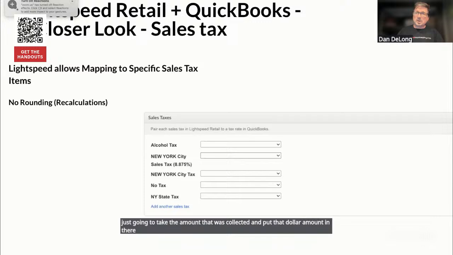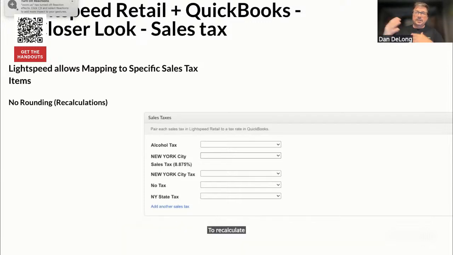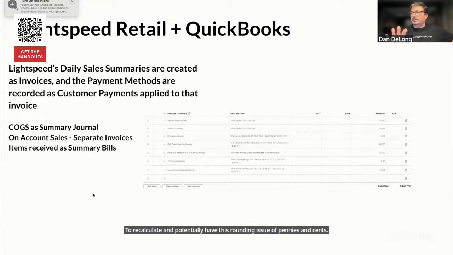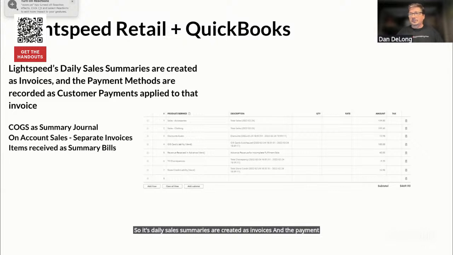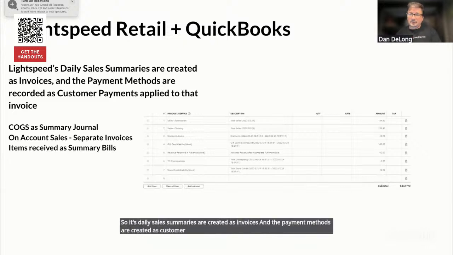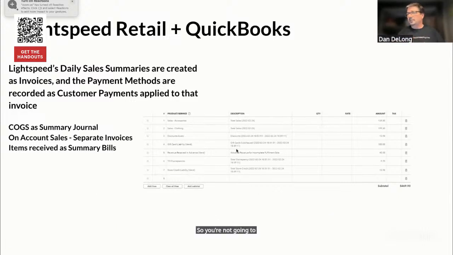It's not going to allow QuickBooks to recalculate and potentially have this rounding issue of pennies and cents. So its daily sales summaries are created as invoices, and the payment methods are created as customer payments applied to that invoice, right? So you're not going to have this problem with sales tax by using the LightSpeed built-in integration.